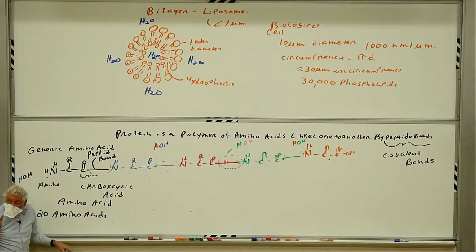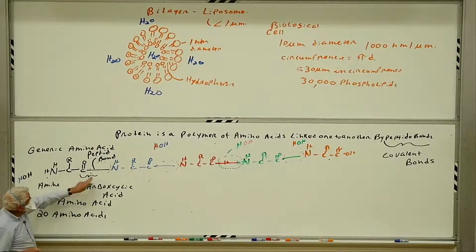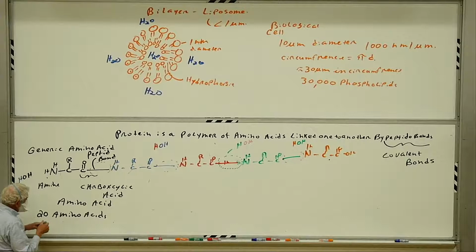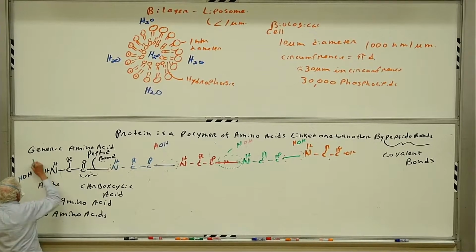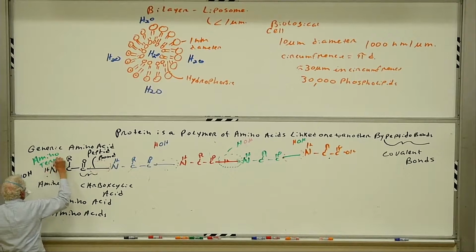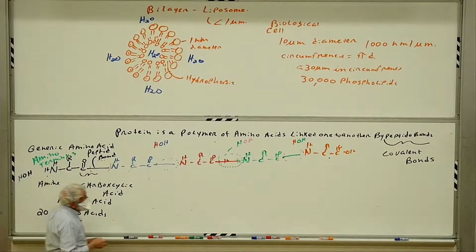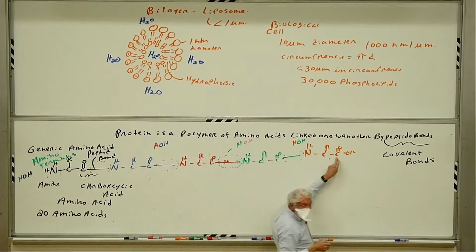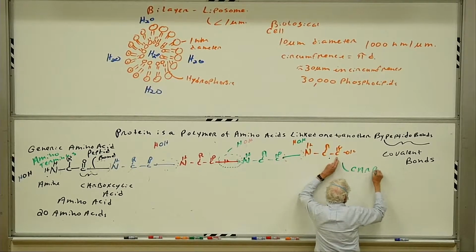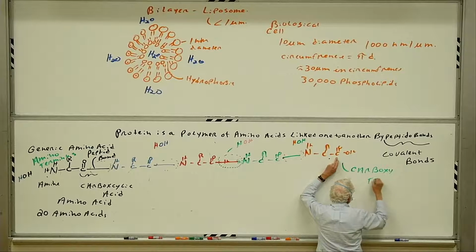There's always a conserved orientation because of the way we form these peptides. So we always have an end of the protein being the amino terminus, and the other end of the molecule out here with the carboxylic acid being the carboxy terminus.